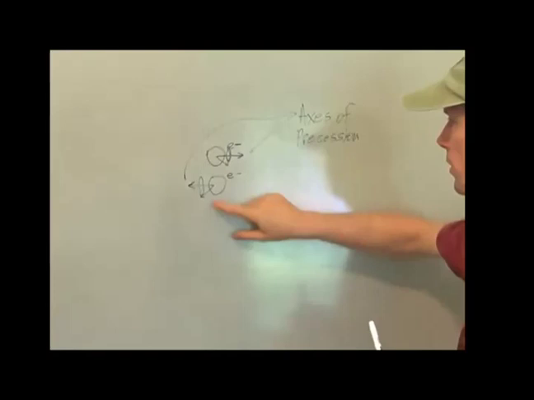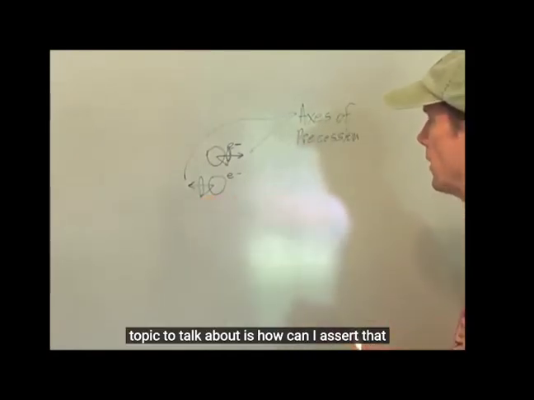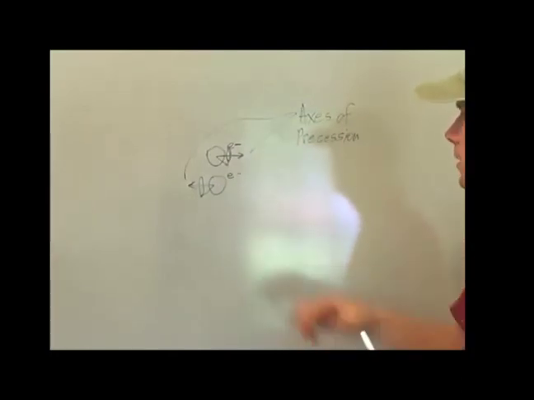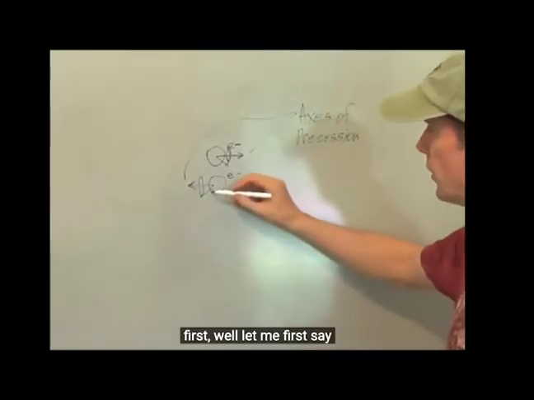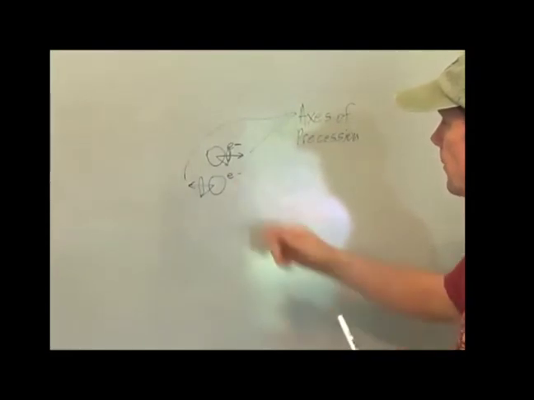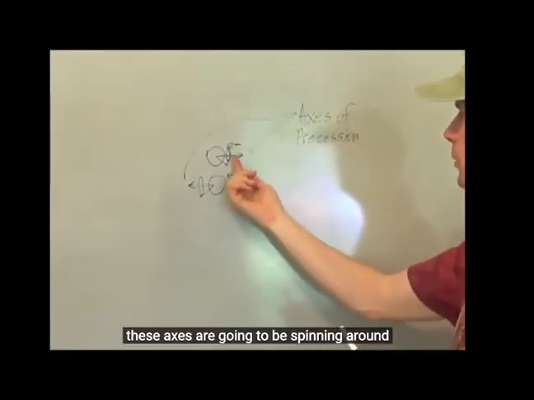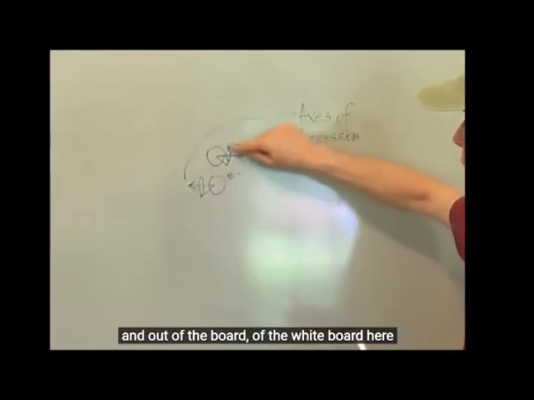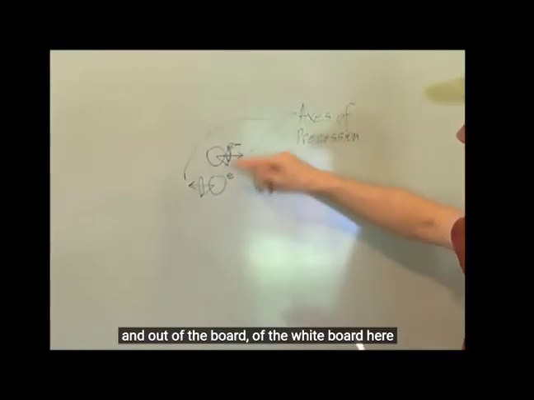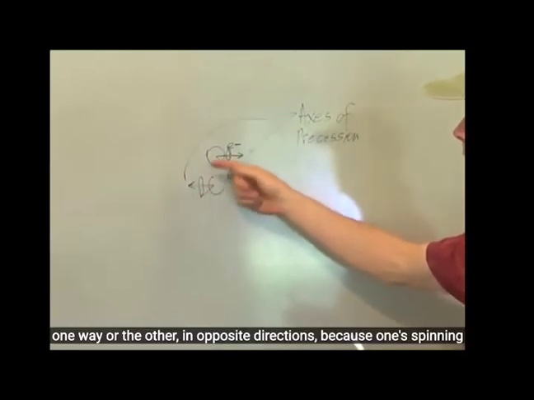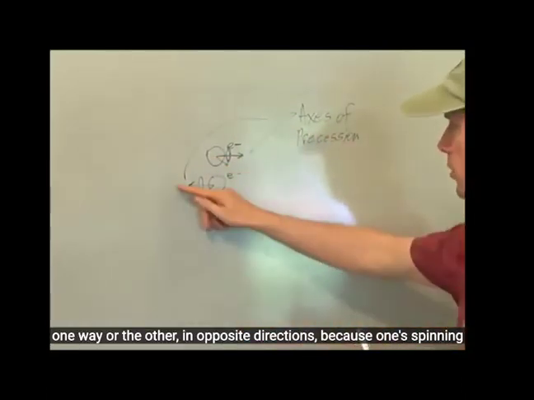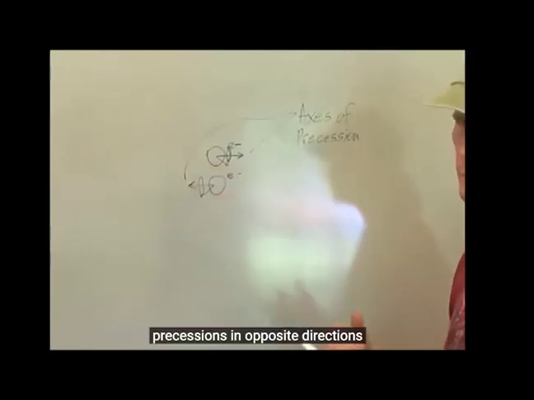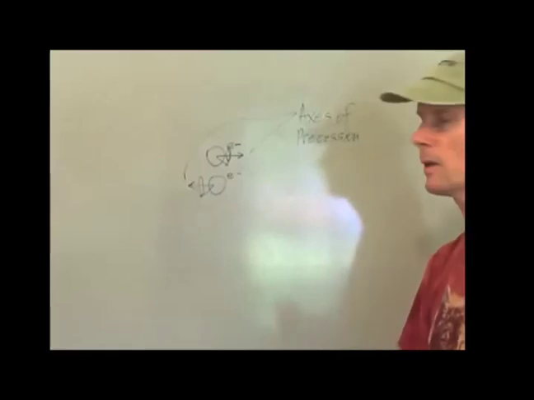point or question or topic to talk about is how can I assert that these, let me first say, these axes are going to be spinning around more in and out of the board, of the whiteboard here, one way or the other, in opposite directions, because one's spinning one direction, one's spinning the other with their axes of precessions in opposite directions.